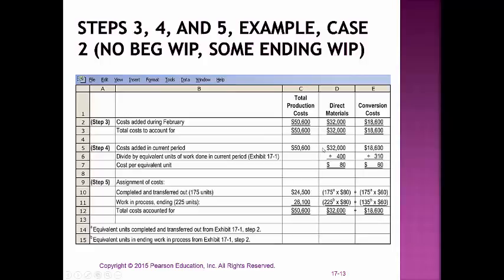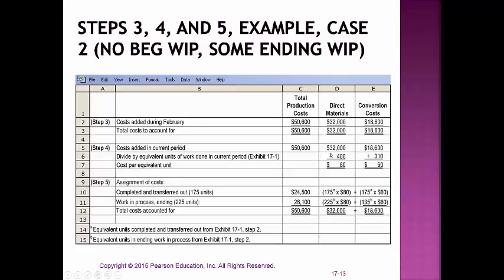For step 4, we're going to divvy those costs up. But again, we're not going to apply it straight up to the number of units. We have got to use the equivalent units. So, as to direct materials, we've got a total of $32,000 that were added in the current period.